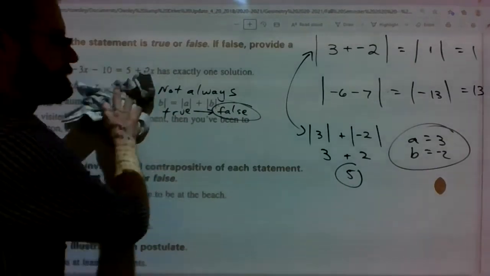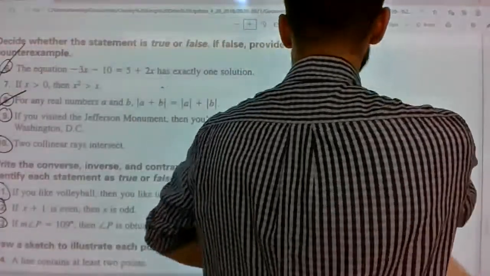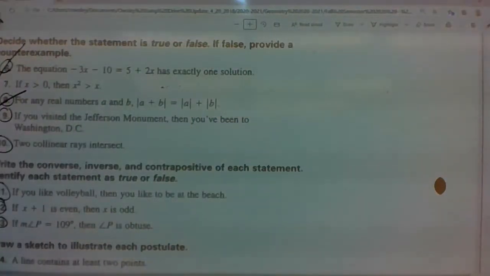Check number 9. This has nothing to do with mathematics.